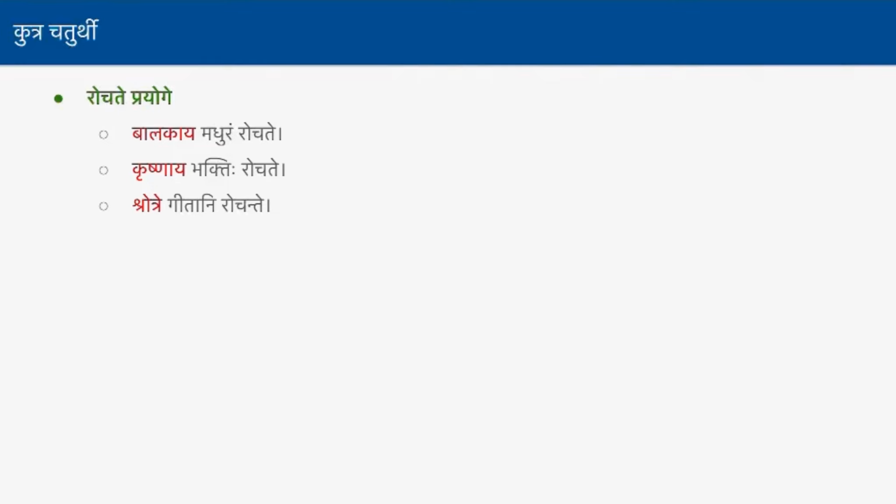Balakasya Krute means for them we are bringing something, or for them we are doing something, right? It is not like that. Actually, Balakasya Krite is an alternative form for Chaturthi. It still expresses the same meaning. The boy likes the madhuram. So Balakasya Krite Madhuram Rochate and Balakaya Madhuram Rochate, both are the same.